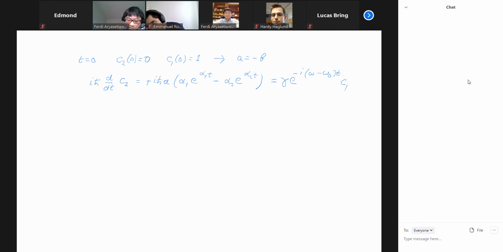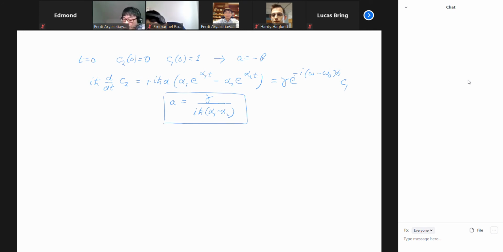So for t equal to 0, it gives me the solution for A, which is equal to gamma divided by i h bar (alpha 1 minus alpha 2). So then that gives us the specific solution to this problem.